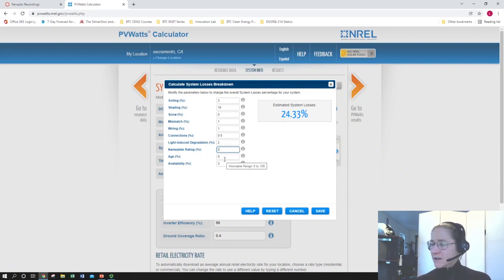No age-related losses, and availability is the percentage of the time the system is offline for servicing or other types of monitoring. We'll call that 2%. So we end up coming up with an estimated system loss of 22.78%, not including the hit we're going to take for the DC to AC ratio and the inverter losses.